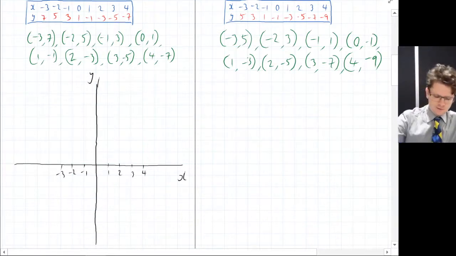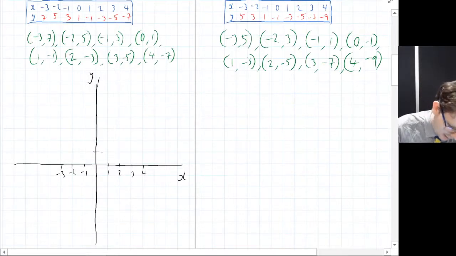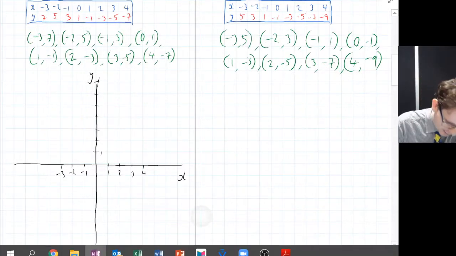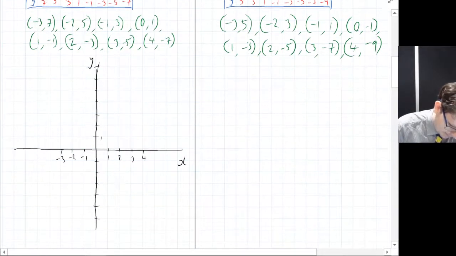Now going up my vertical, I've got to get all the way up to 7. So let's see if I can just count it up. 1, 2, 3, 4, 5, 6, 7. That works. And let's check I can go down to 7. Minus 1, minus 2, minus 3, minus 4, minus 5, minus 6, minus 7.